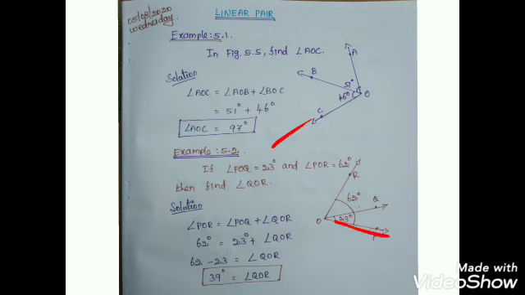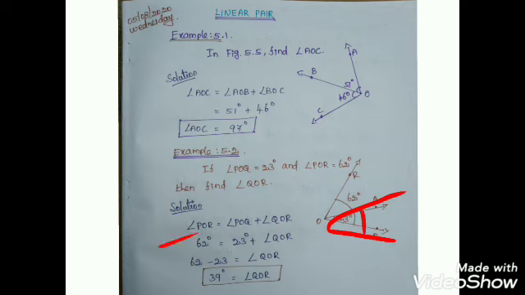If angle POQ is 23 degree, angle POR is 62 degree, then find angle QOR. So see that POR is equal to POQ plus QOR, that is adjacent angle. What is the value of POR? It is 62 degree.